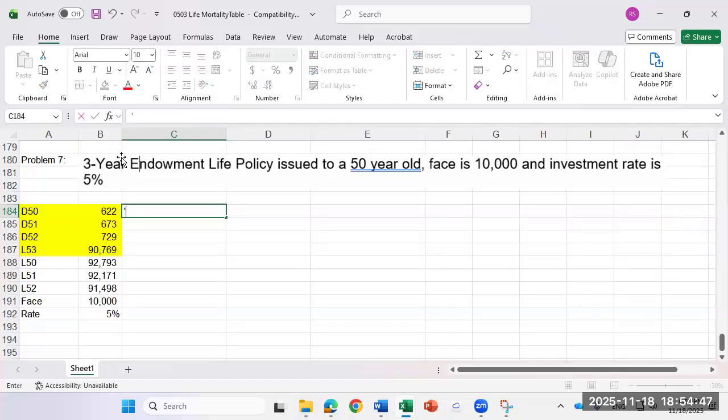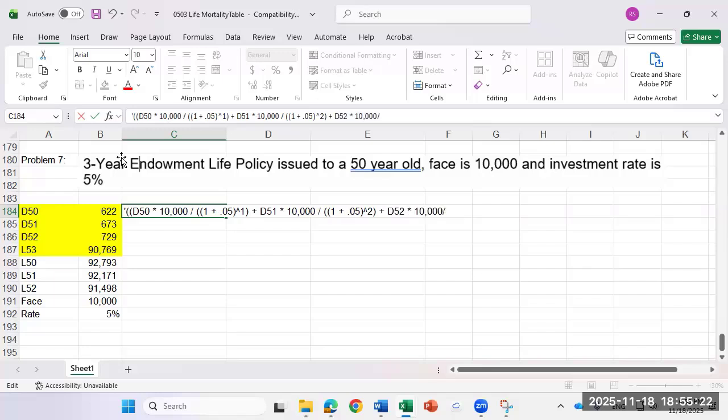So we're going to pay our D50s $10,000 divided by 1 plus 5% raised to the first, plus D51 times 10,000 divided by 1 plus 0.05 raised to the second, plus D52 times 10,000 divided by 1 plus 0.05 to the third, plus L53 times 10,000.